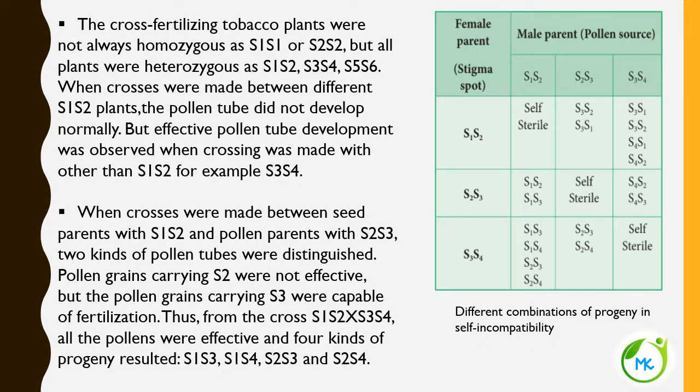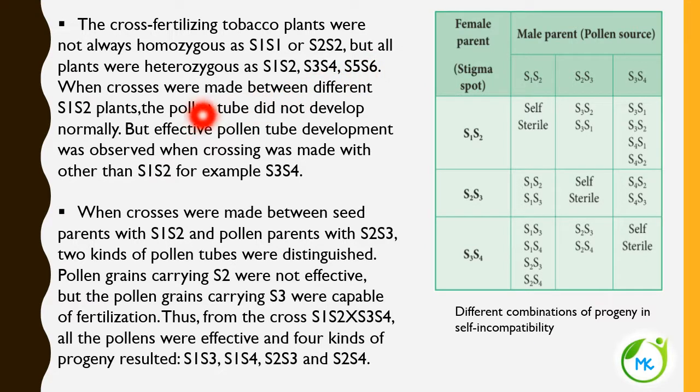The cross-fertilizing tobacco plants were not homozygous like S1S1 or S2S2, but all the plants were heterozygous, because if they are of the same type, they are going to be sterile. So always they will be heterozygous, S1S2, S3S4, different alleles. Definitely it is not going to be homozygous, S1S1. There is no chance, because they are exhibiting self-sterility or self-incompatibility.